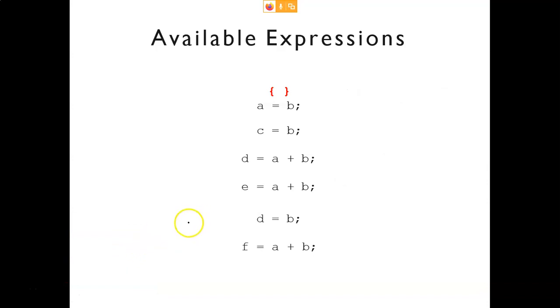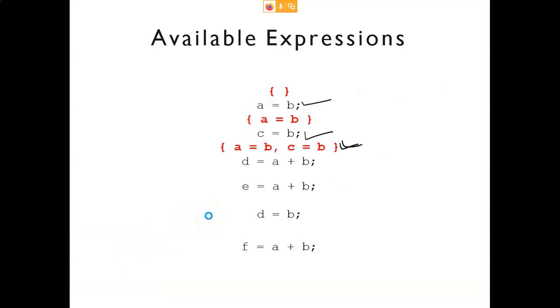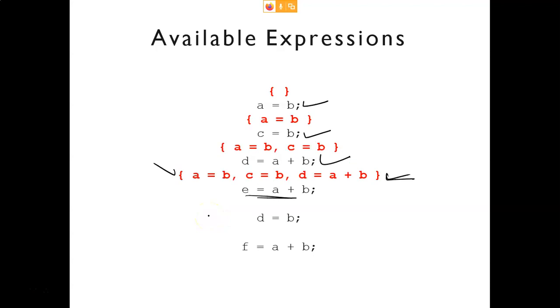This is a very easy thing, I think. Anyone has any doubt, then you can ask right now. This is a very important analysis. I think in the GATE syllabus, we only have two analyses. Available expression analysis, because it will help us in copy propagation and common sub-expression elimination. And another analysis that we have is liveness analysis, because that will help us in dead code elimination, and that is your complete GATE syllabus.